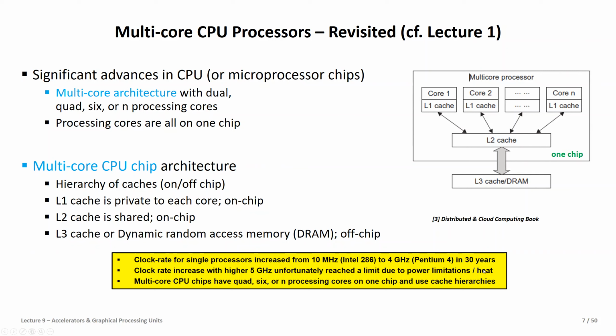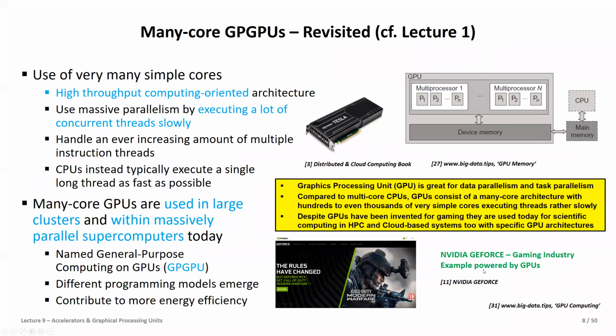Hence, the idea was: what about having hundreds, thousands of processors, not with high single-thread performance, but with more moderate performance, while still having a hell of a lot of them?